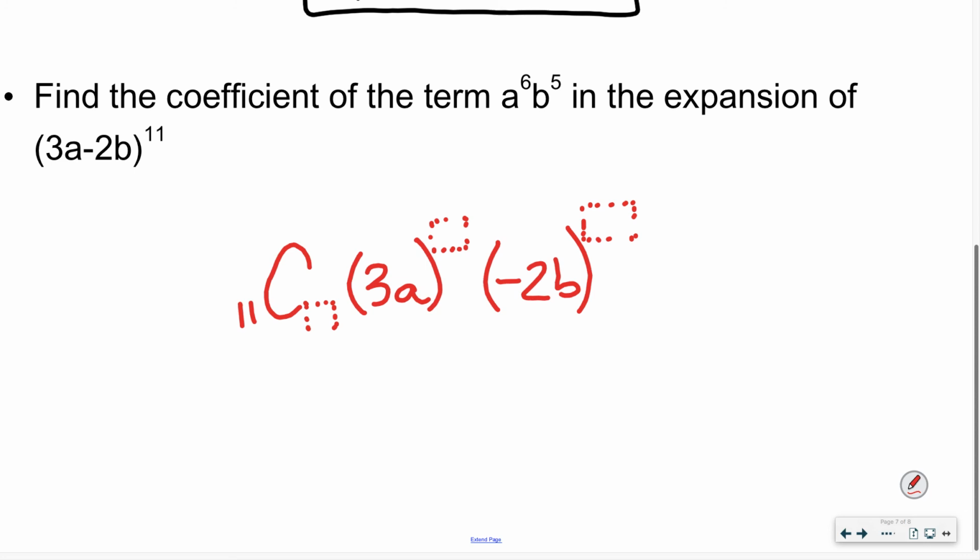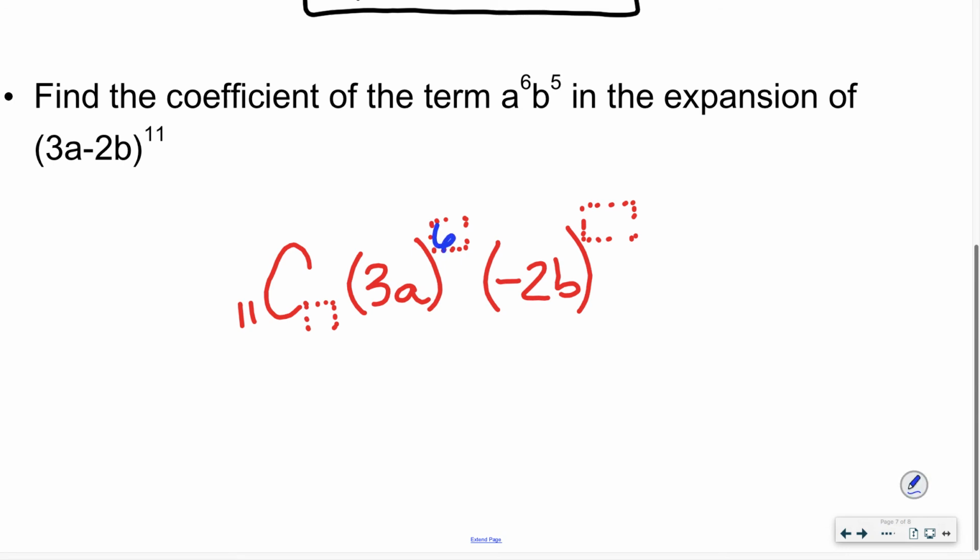Right, we have this going on up here. We know that each term is set up by 11 combinations of something, 3a to a power, negative 2b to a power, right? What power needs to be on a? 6.